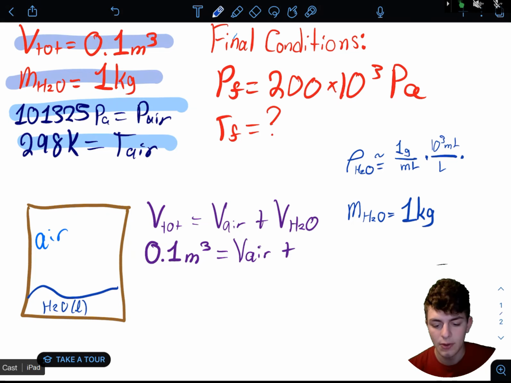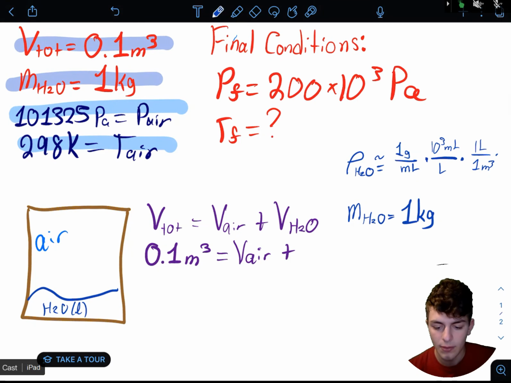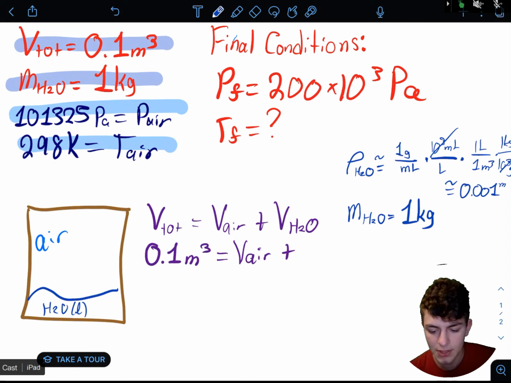and I know that 1 liter is equal to 1 meter cubed, as well as I know that 10 to the third grams is going to be 1 kilogram. So that'll cancel with that. And basically what we're left with is about, it's going to be 997, but we're left with about 0.001 meters cubed per kilogram.